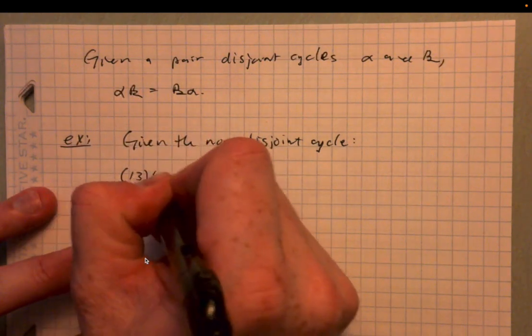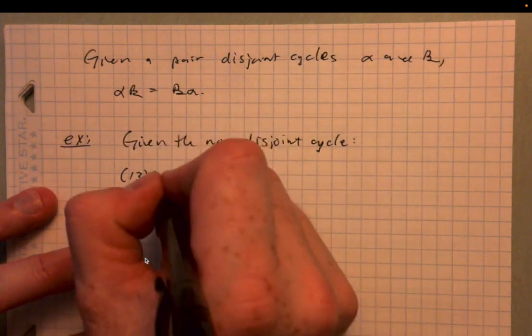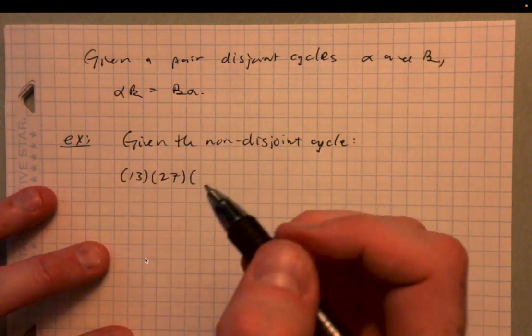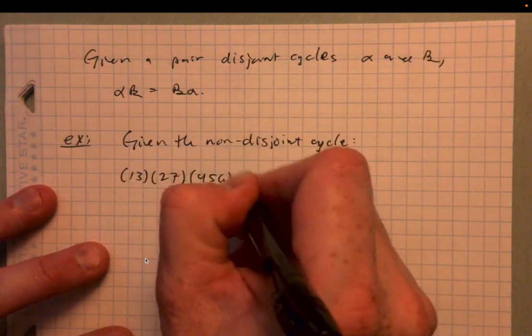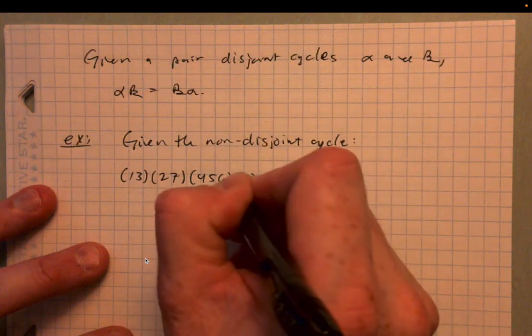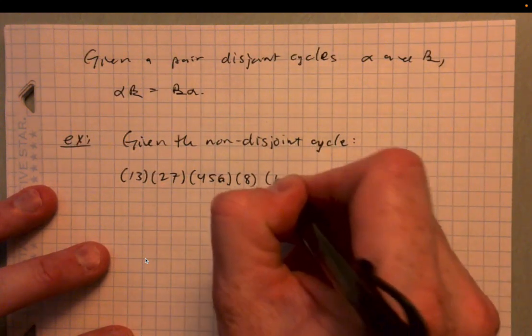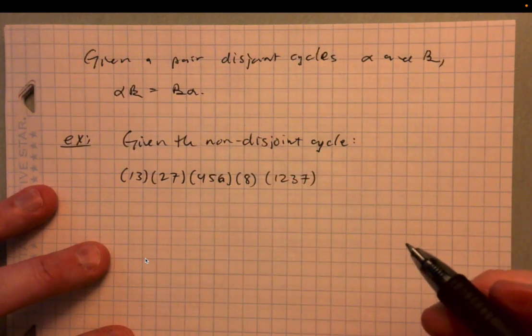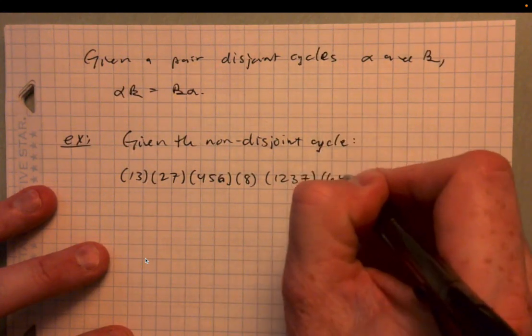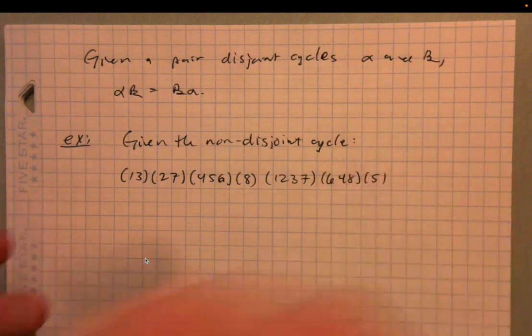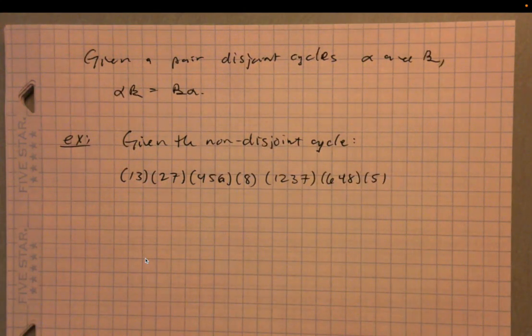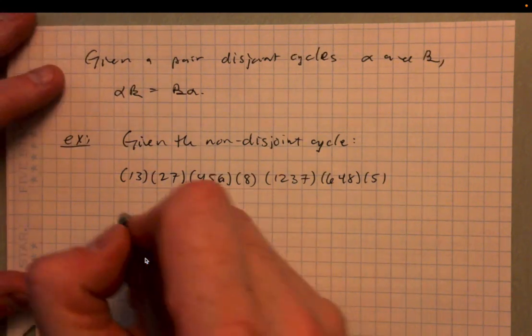So 1, 3 as a cycle, and then 2, 7 as a cycle, and then 4, 5, 6 as a cycle, and then 8 as a cycle, and then 1, 2, 3, 7 as a cycle, 6, 4, 8 as a cycle, and 5. So we can take this collection of cycles, this permutation, and write it as a disjoint cycle. All right, let's make sure that we know how to do that.